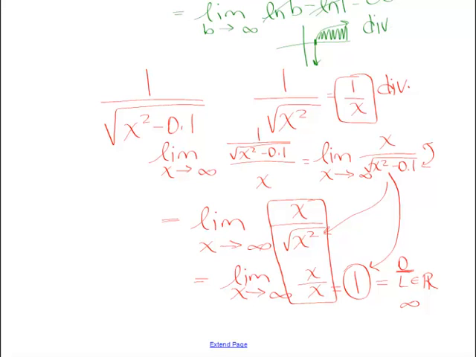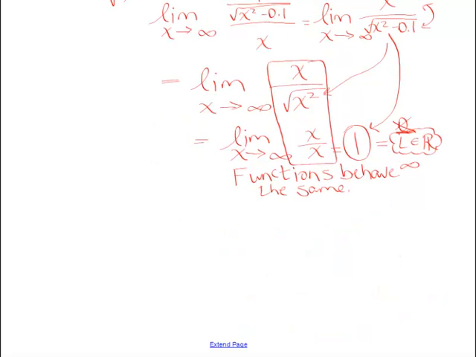We got 1. So here's our result. And when we get any real number value, not 0, the limit comparison tells us that the functions behave the same, alike, however you want to write it.